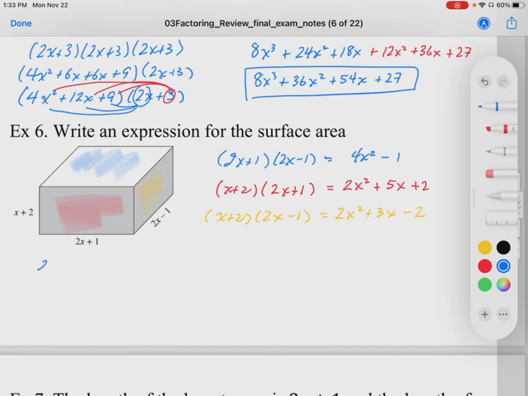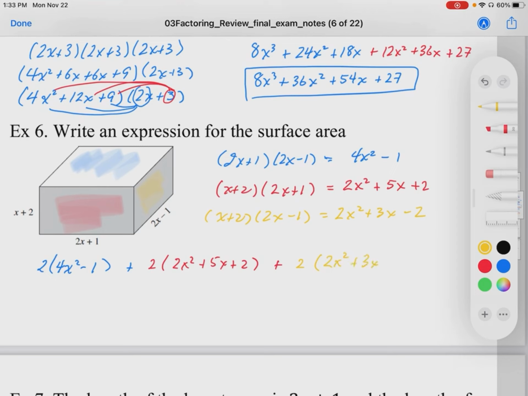So the total surface area is going to be 2 times the blue area plus 2 times the red area plus 2 times the yellow area.